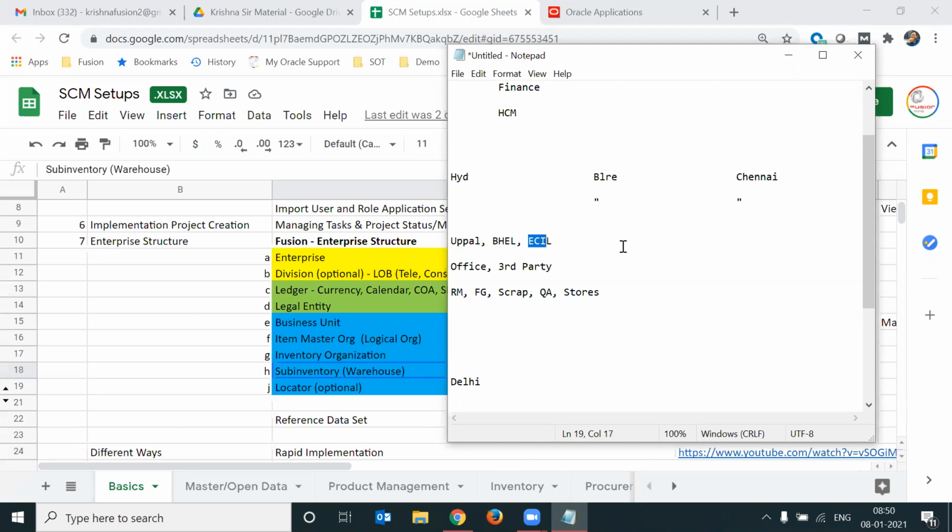Okay. And what is locator? So locator is exact location in the sub inventory. So a good example is a library. Library is a good example.